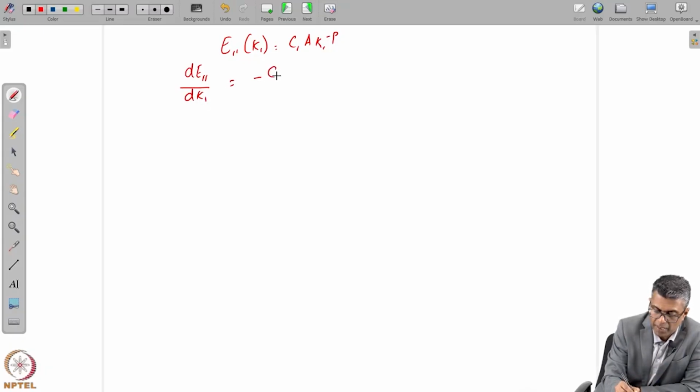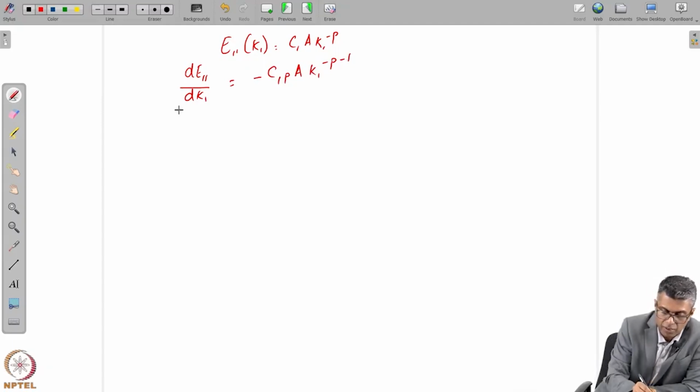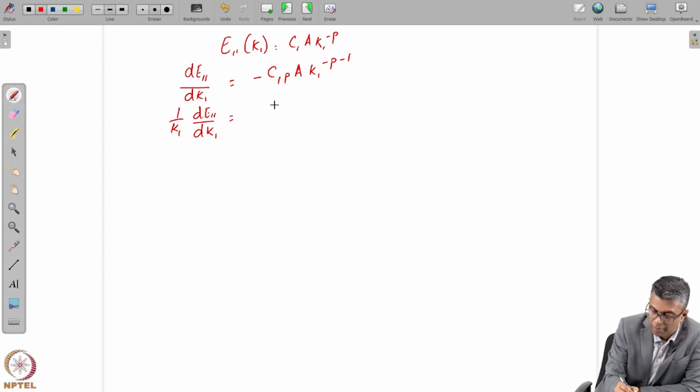So I'll have minus C1 P A kappa 1 to the minus P minus 1. Simple derivative. And let me consider 1 over kappa 1 dE11/d kappa 1. Then what would I get? Since I'm dividing by kappa 1, I would have minus C1 P A kappa 1 to the minus P minus 2.